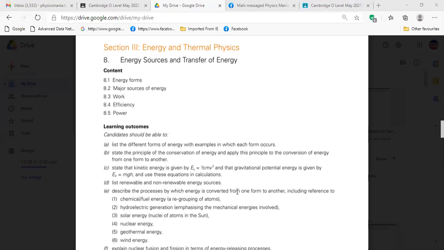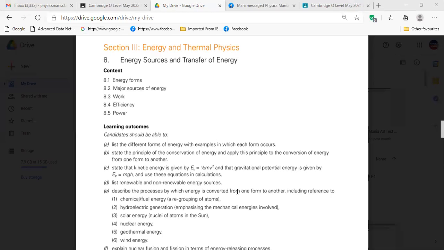Yes, sir. And part E, we already discussed a little bit: the process by which energy is converted from one form to another, including reference to chemical energy. We already discussed how the chemical energy stored in food can be used to produce heat energy, then kinetic energy by us, isn't it?